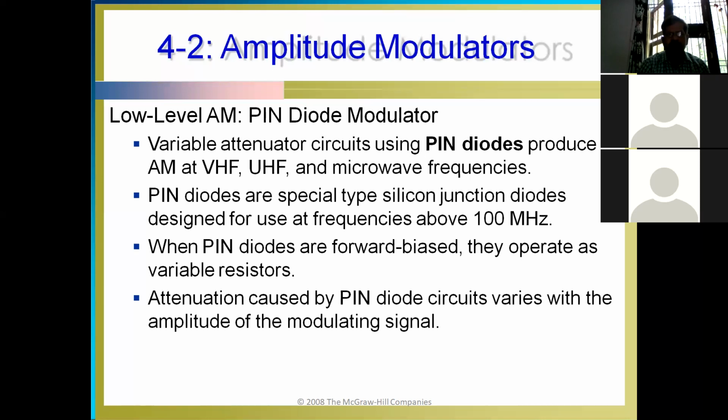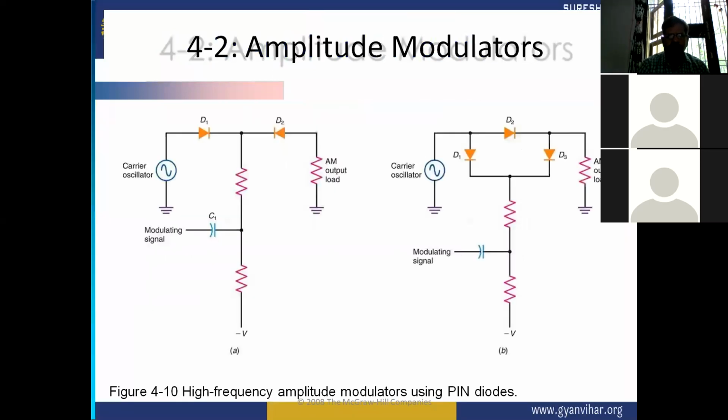When PIN diodes are forward biased, they operate as variable resistors. In forward bias, the PIN diode operates as a variable resistor, and the attenuation caused by the PIN diode circuit varies with the amplitude of the modulating signal, so the amplitude is varied.